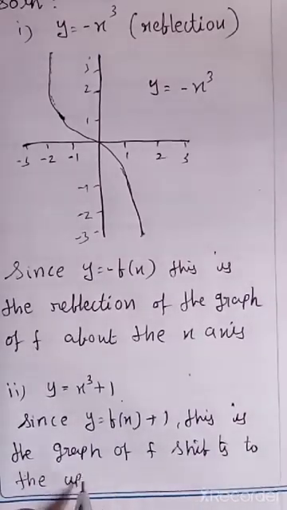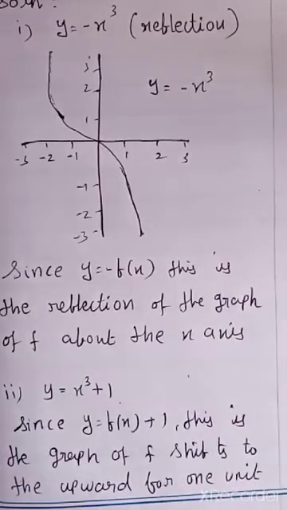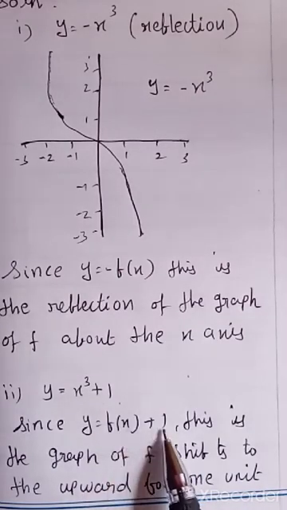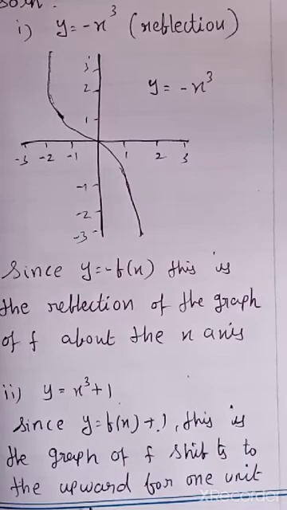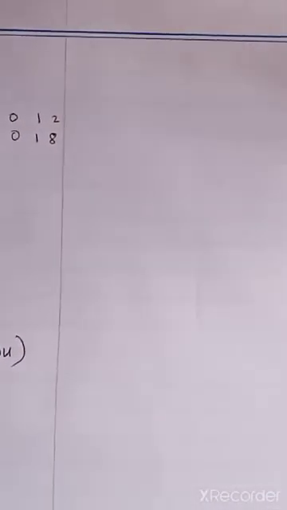Why upward? See your translation, the 4 types, for 1 unit. Why are we moving upward? Because if we add a constant outside of the function, we have to move upward, right? So for that we have to move 1 point upward.